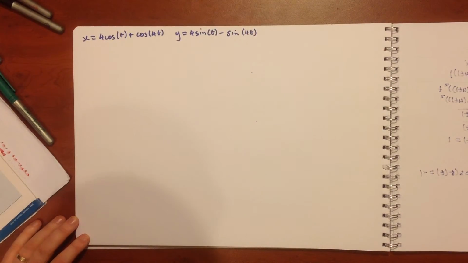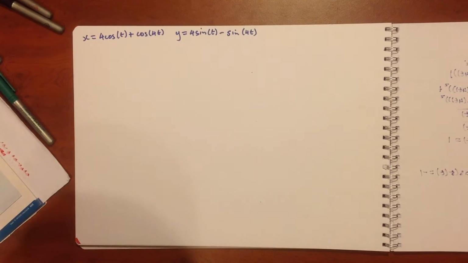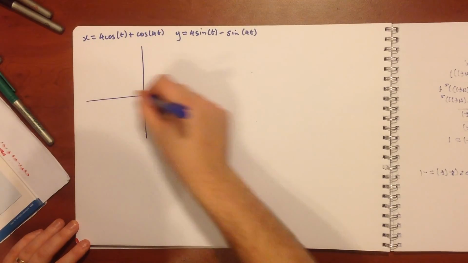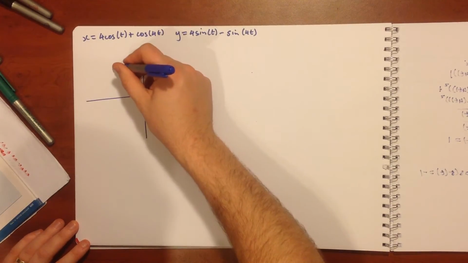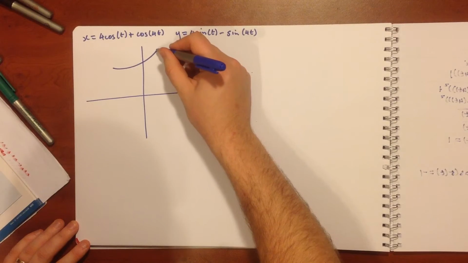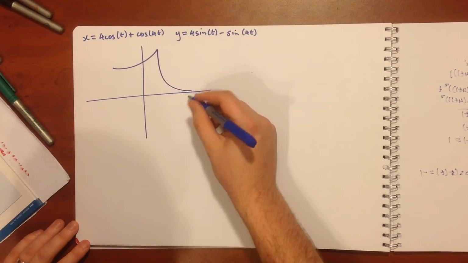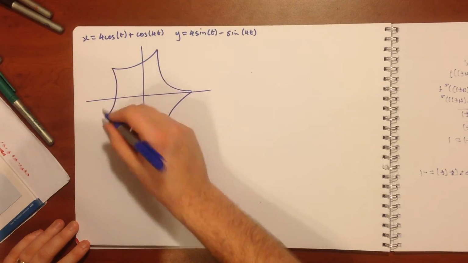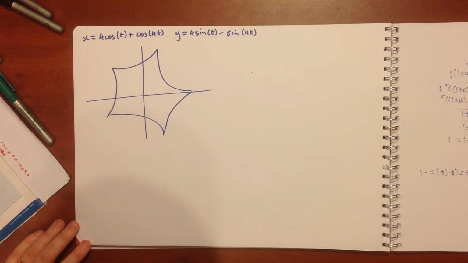Now this would be horrible to sketch by hand, but we can actually put our calculator in parametric mode to sketch a graph of the parametric equations. And when we do that, I'm sure my copy is not going to be very good, but we find this very nice picture that looks something like that. You can see it in the textbook.